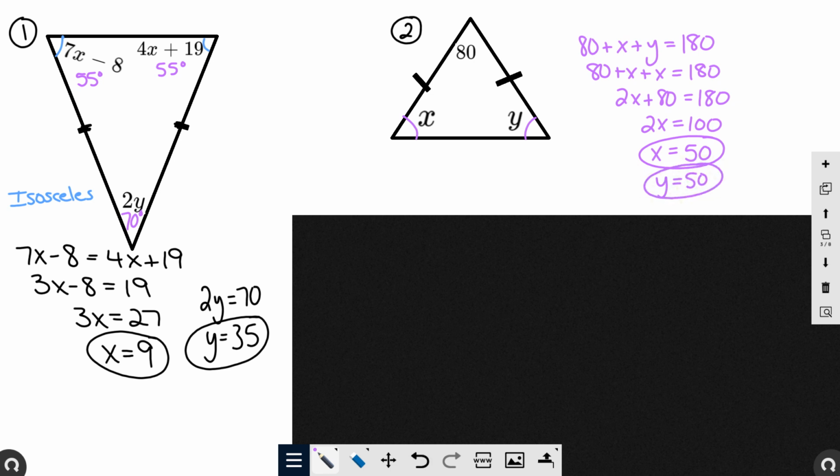Now, some of you, again, can do that without showing math on this one because you know that if this top angle is 80, the bottom two must equal 100 if we put them together. So if they're equal to each other, then we could divide them by 2, and we get 50 and 50 for each. So we divide that 100 by 2.